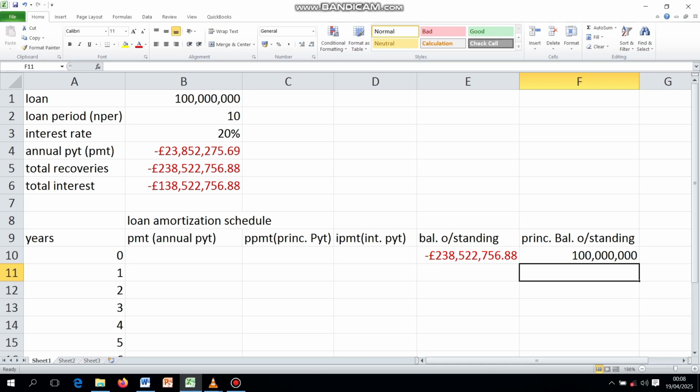So I've worked upon this initial year where we acquired the loan. That's why I've got the balance outstanding and the principal balance.